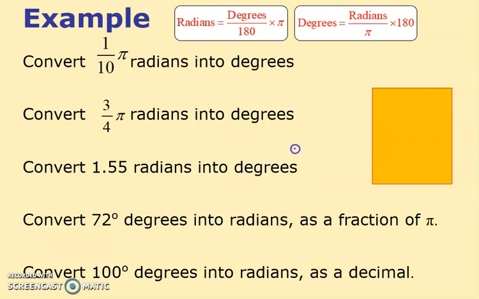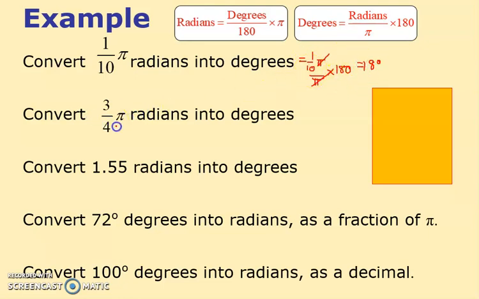So the first question says convert 1/10 of pi radians. So if I've got radians, I'm going to use this formula. So the degrees will be 1/10 of pi. It says divide it by pi times by 180. Now the whole thing about this is those cancel. So really this is just saying find the 10th of 180, which is 18 degrees.